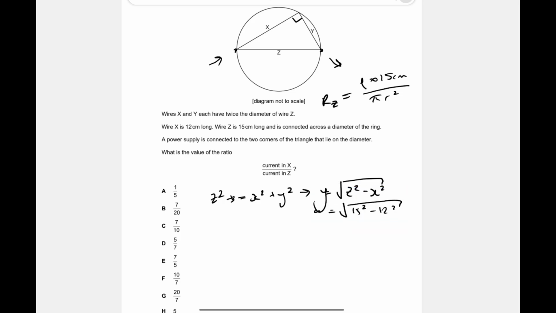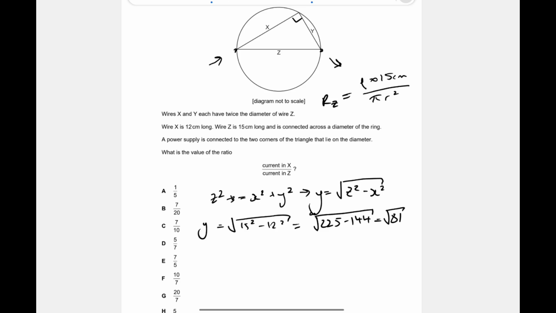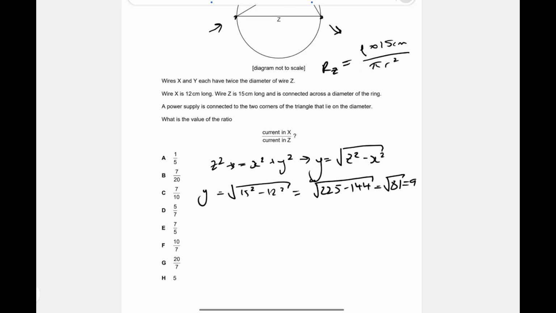There we go. So Y is going to be root 225 minus 144, which is root 81, which is 9.